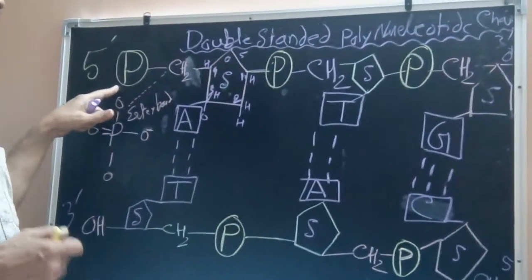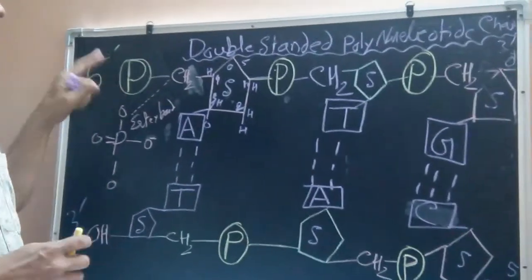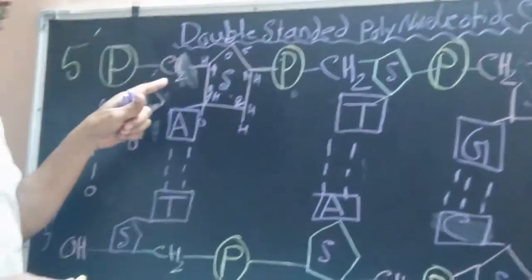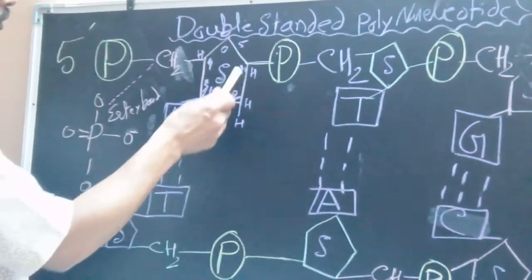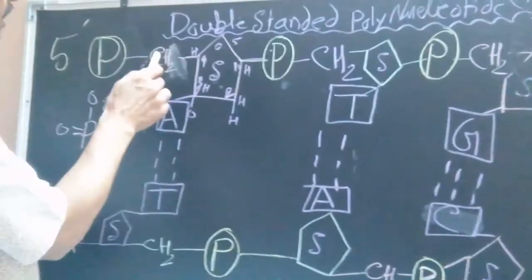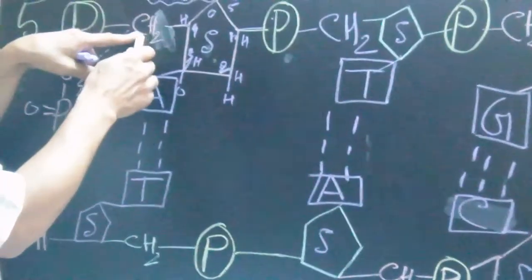Where the phosphate is engaged with them, it is always at carbon number 5. That means look, 1, 2, 3, 4, that one is the extra one, 5. Why is it extra?